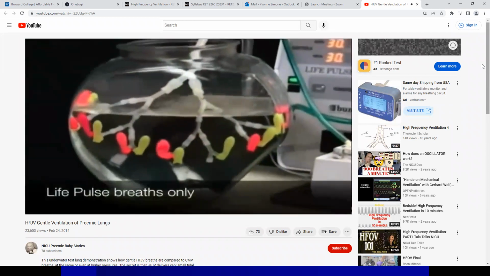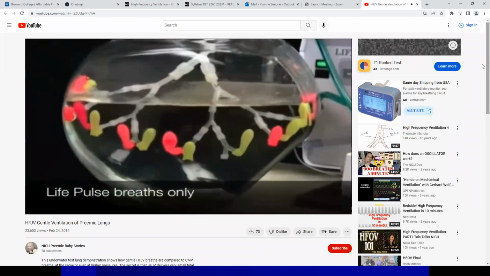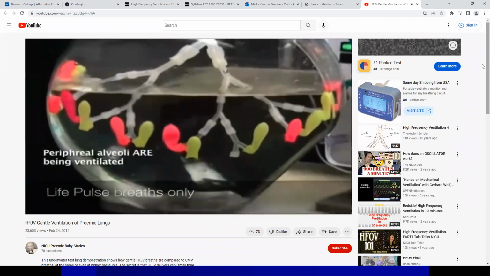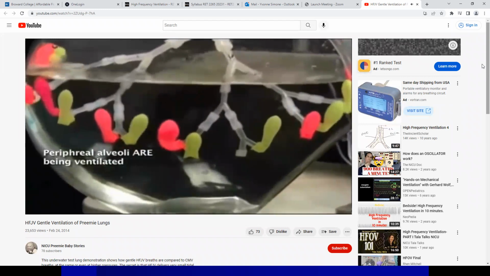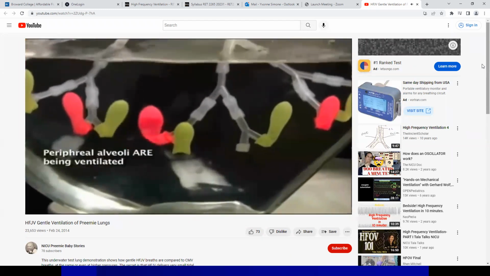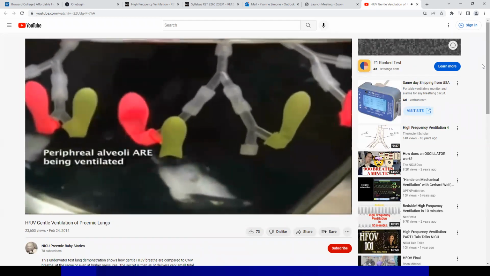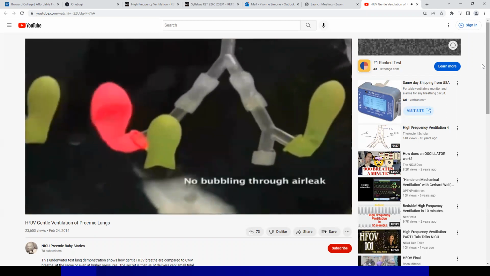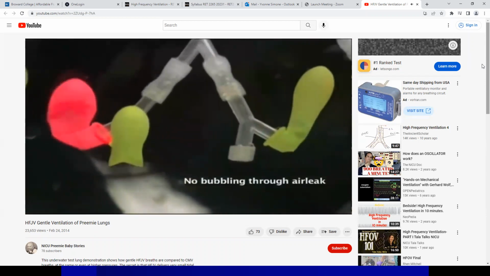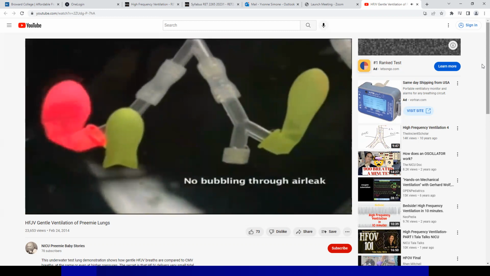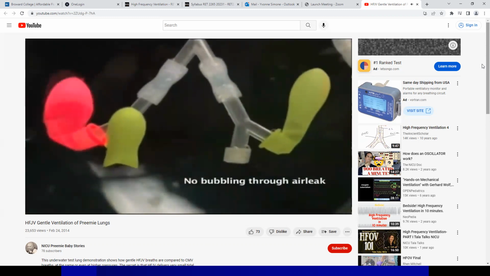But just molecular swimming, you can see that there's no bubbling up here. The peripheral alveoli are being indicated by the river. Even the ones adjacent to the leak are receiving some degree of ventilation by the ventilators. And there's no active bubbling through the airways that I've created in my cluster.